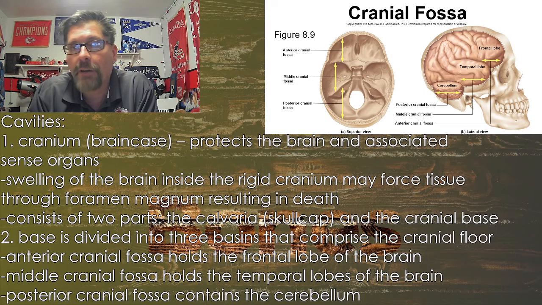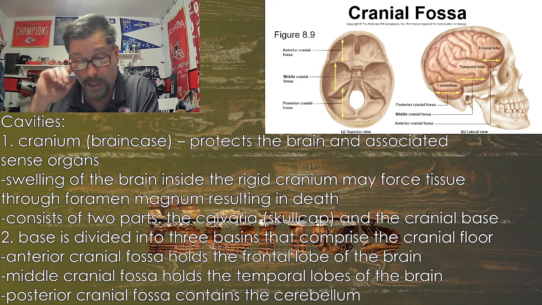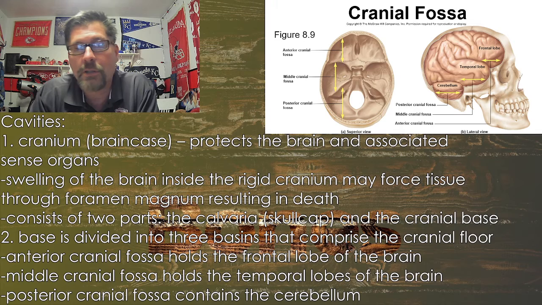But the cavities, as we mentioned, the skull itself does a lot to help with that. As you're looking down into a skull there on the left-hand side of the diagram, you can kind of see those little sections that the brain sets into.